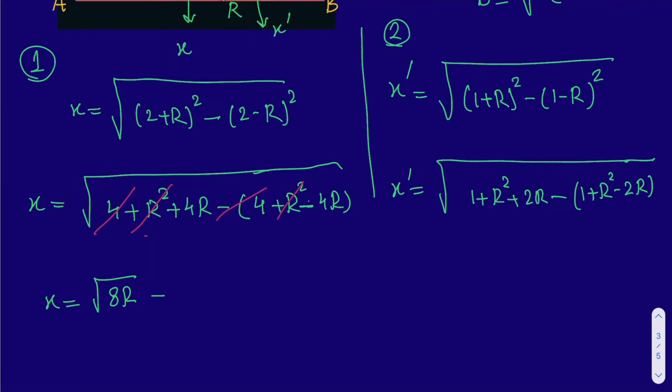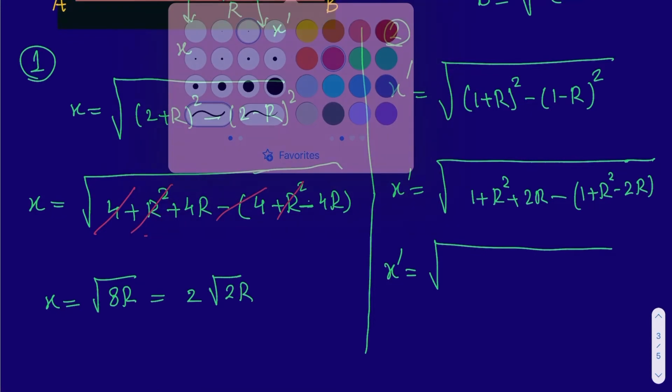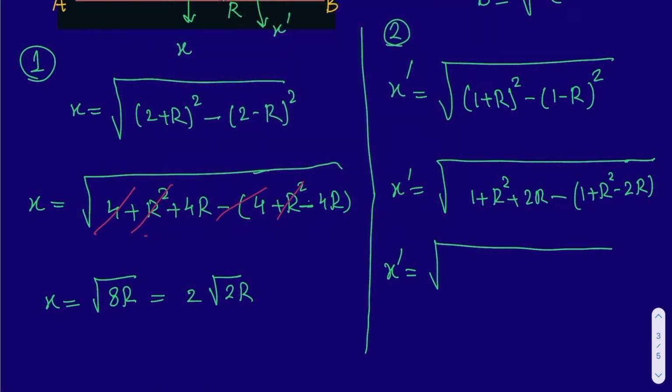So x will be equal to the square root of 8r, which I can simplify further to get 2 square root of 2r. So let's now move on to x prime. Similarly, the same thing happens here.